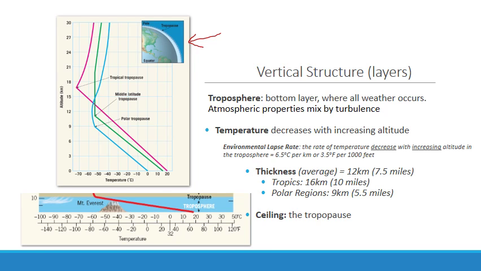Warm surface temperatures and highly developed thermal mixing are responsible for that great vertical extent of the troposphere near the equator. As a result, the environmental lapse rate extends to great heights. So 10 miles high will still be decreasing temperature at a rate of about 3.5 degrees Fahrenheit per 1,000 feet.